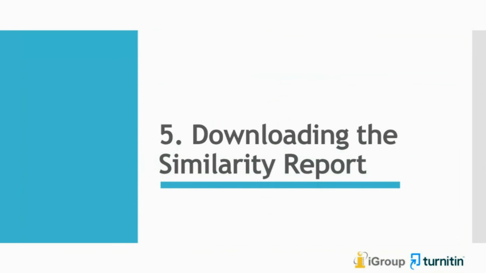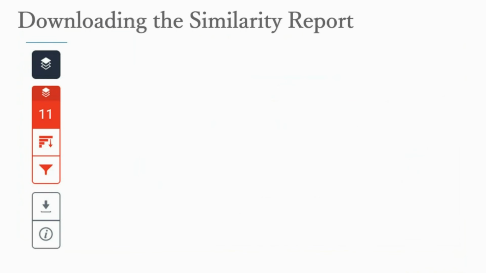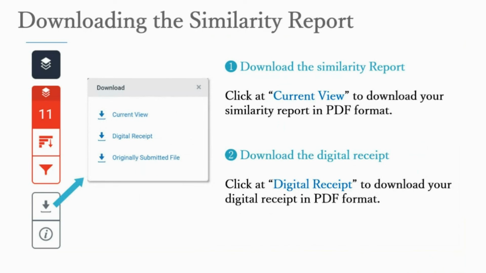Okay, after completing the reading of your similarity report, you can download it, and you may need to submit a report to your department office or school. You can find the download icon in the gray toolbar. After you click it, you can see there are three options.